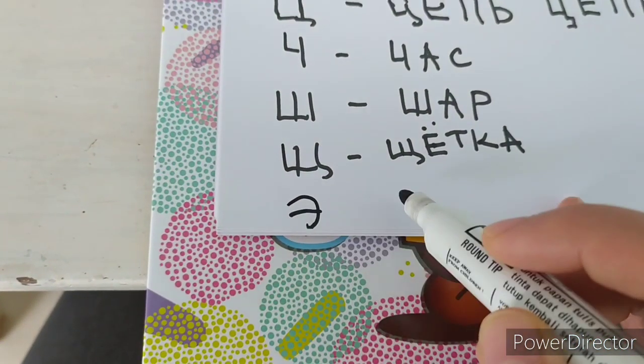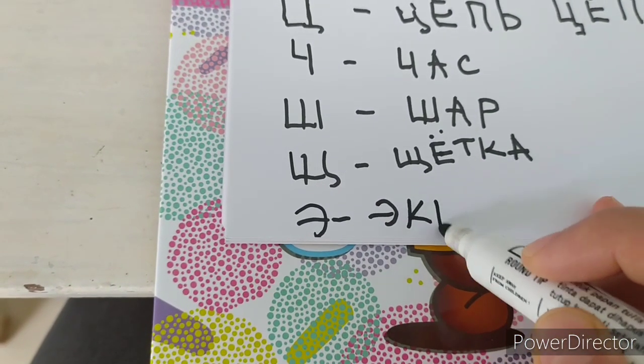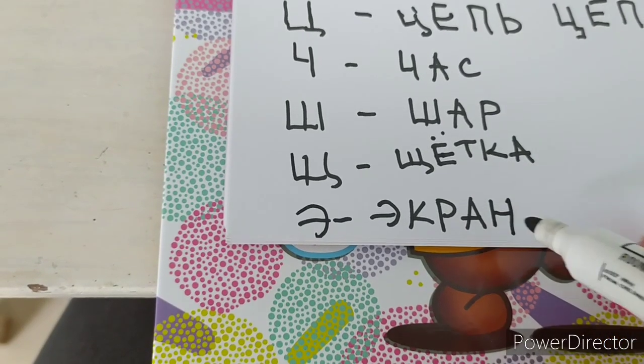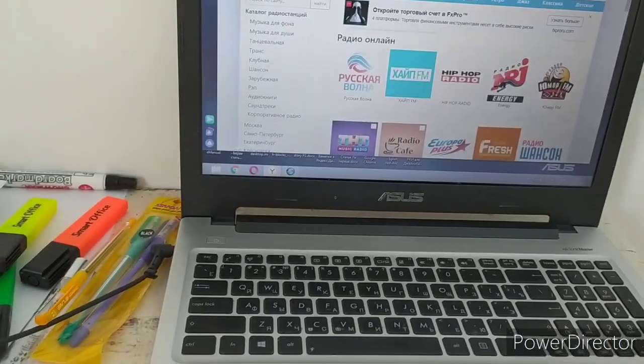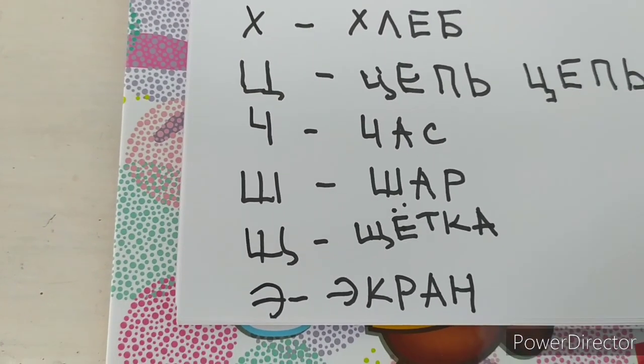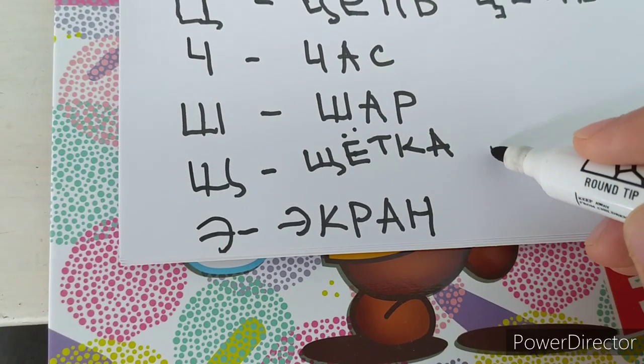And let's say экран. Экран is a screen, yeah. Экран. And two more. Let's write it here.